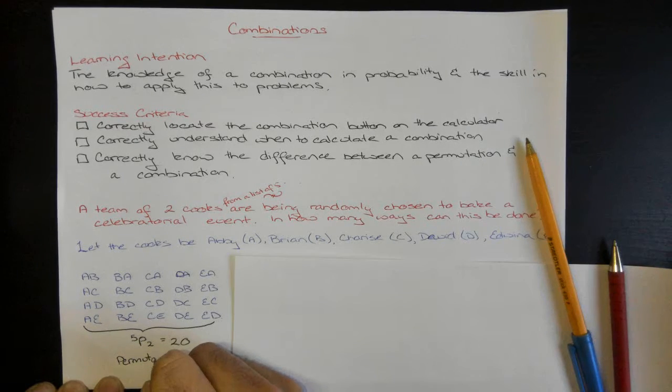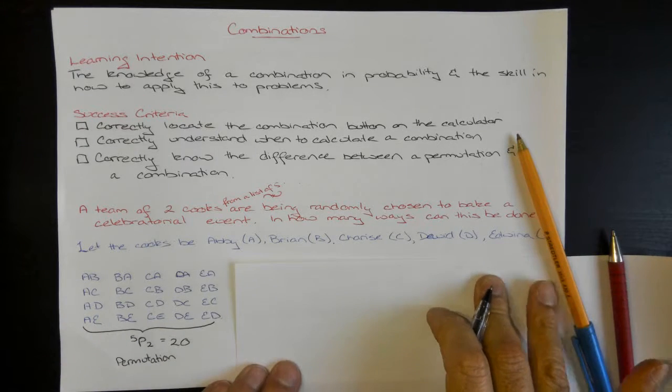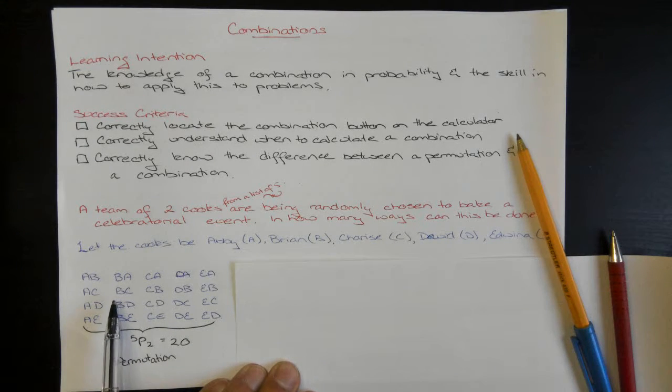Now, the issue is the order here is particularly important, but really, Abby and Brian is the same as Brian and Abby. It doesn't matter which order they come in, yeah? They're the same combination.